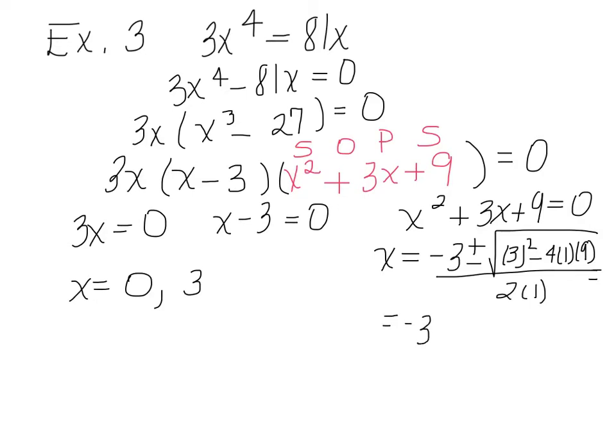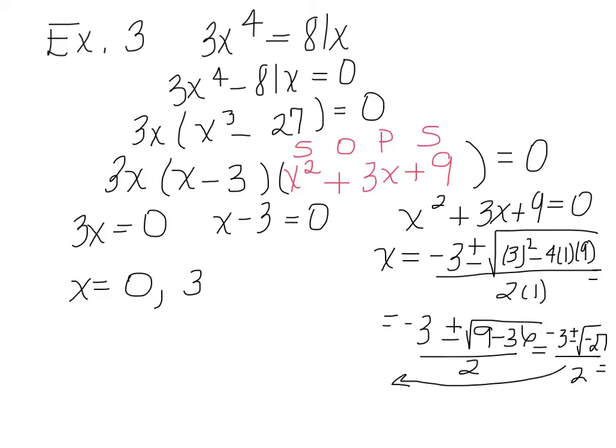So you're going to get 9 minus 36, which equals -27, and that equals 3i√3/2.